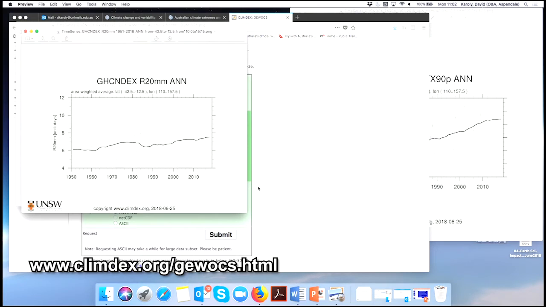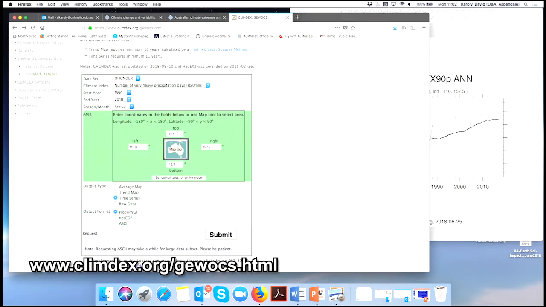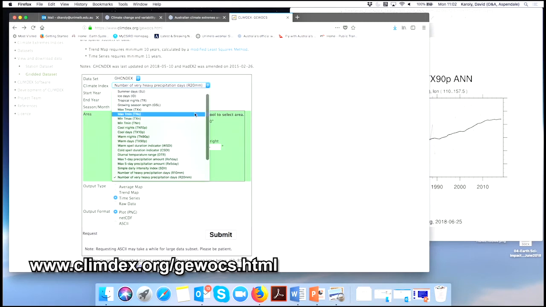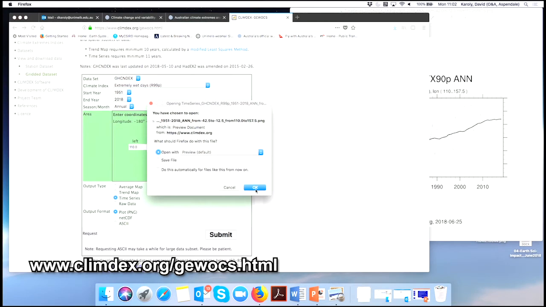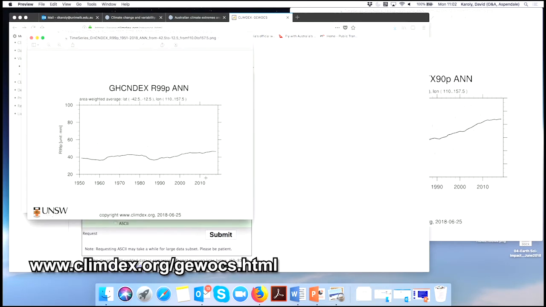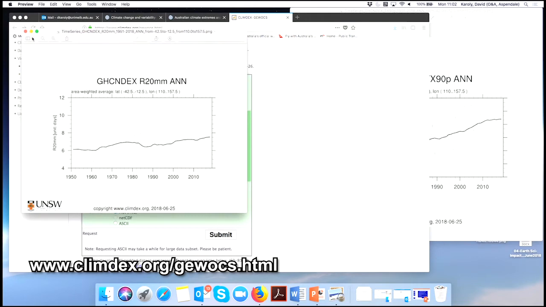Number of rain days above 20 millimetres. Oh, it's starting to go up from 6 to 8. More heavy rain day events. That wasn't the one. It must be the 95.